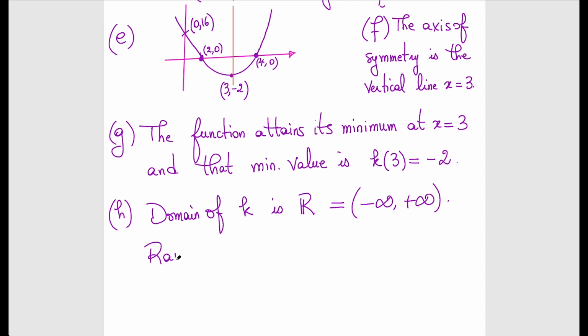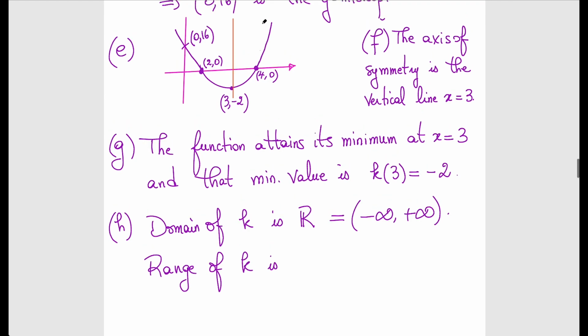And the range of this function k is the collection of all the possible outputs, right? Well, if you try to project all the points on the graph onto the y-axis, meaning you're only gonna pay attention to the y-coordinates of the points on the graph, you're gonna see all those points from -2 onward, correct?